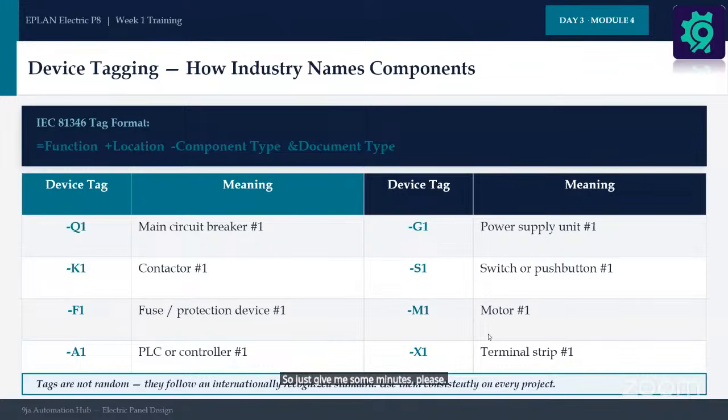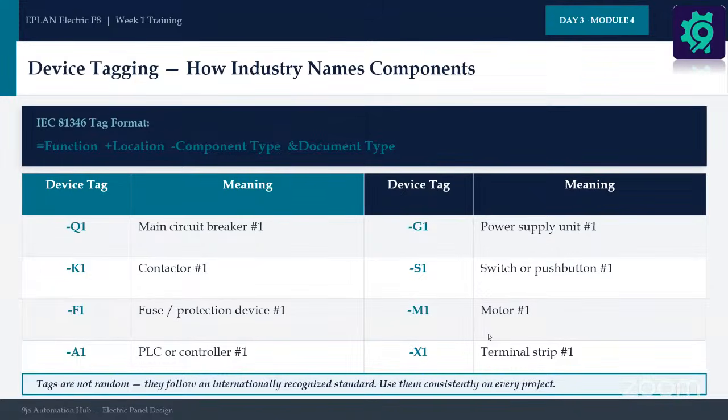I'm trying to get something so it will aid our understanding. Now, when we talk about tagging in EPLAN or electrical design, it's quite a lot, but I want you to understand something. It has a standard.